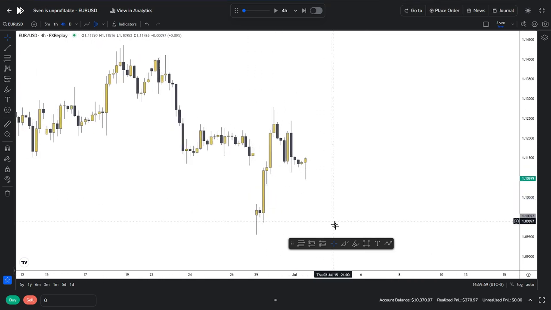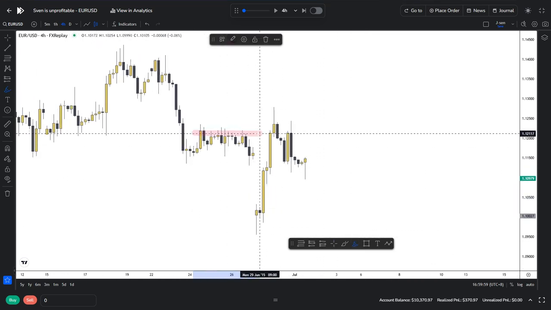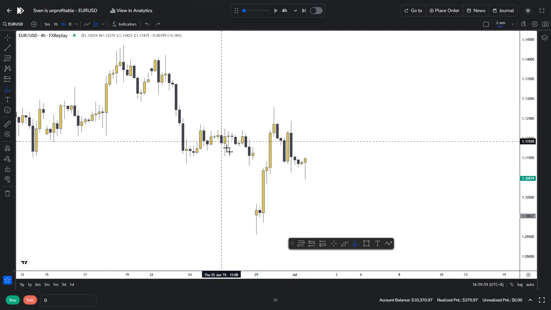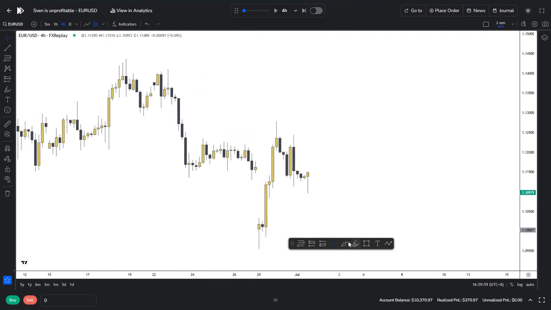Especially because the whole SMC section will say, well, there's liquidity there and there's imbalance there. And then you might be right and you might end up getting your win rate up by 2%. But then because you're getting your win rate up by 2%, you're now only taking 10 trades instead of 30 trades. And then at the end of the year, the person who's taking setups like this is still more profitable. That's what I want to say.